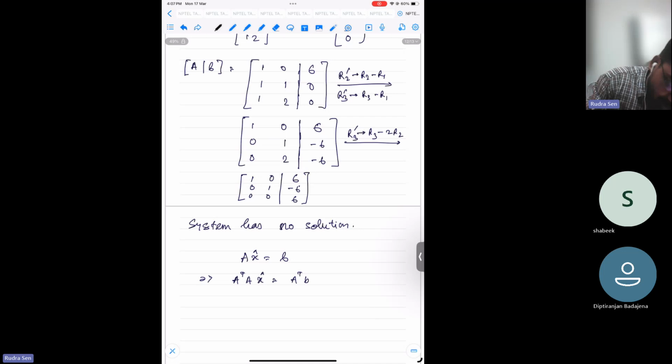We get this kind of thing. And since A transpose A has linearly independent columns over here, we can do this kind of thing. X hat equals to (A transpose A) inverse A transpose B.